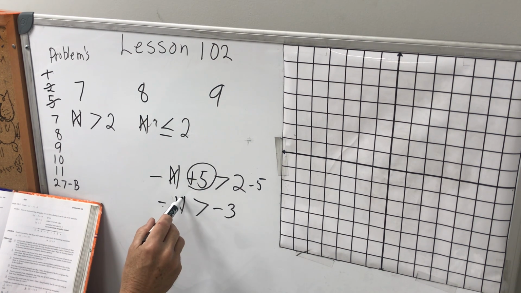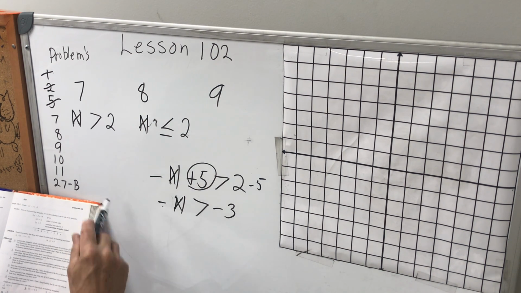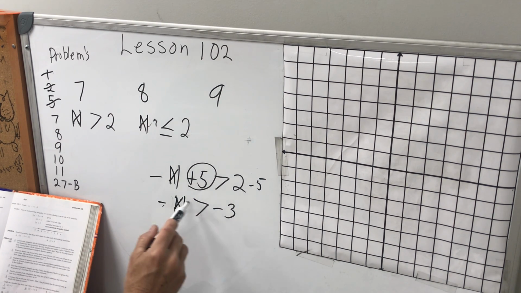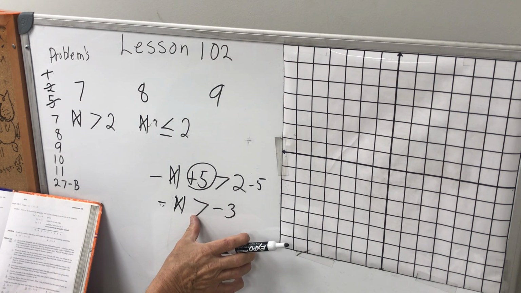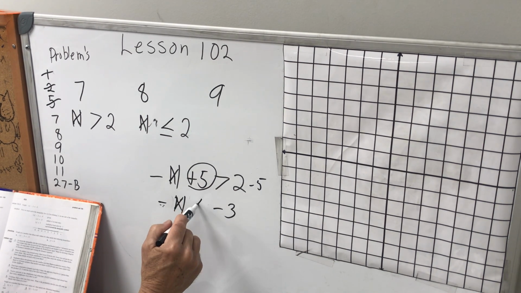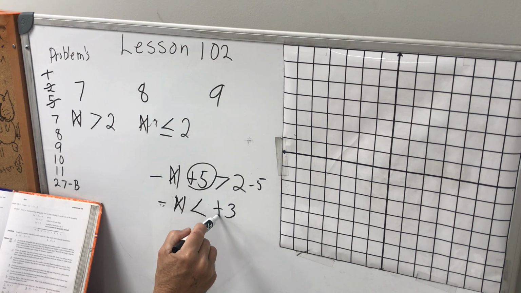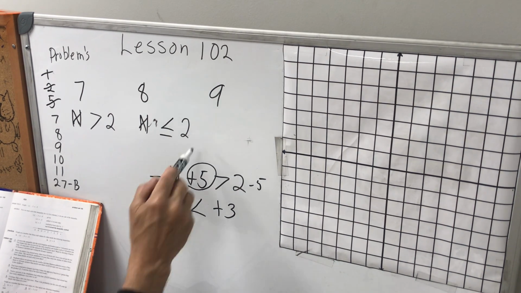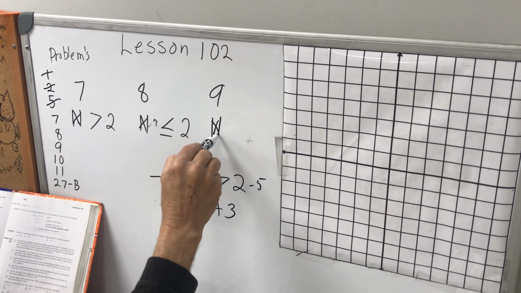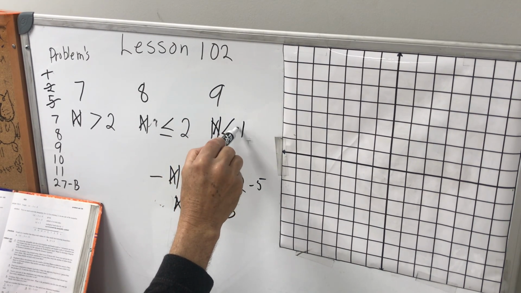If you remember in a previous lesson, to get rid of the negative sign on the left side of the X, it does 2 things. When we move this over to get rid of it, it's going to change this sign and it changes this sign. Now I've gotten rid of it. So number 9 is actually this right here, +3.